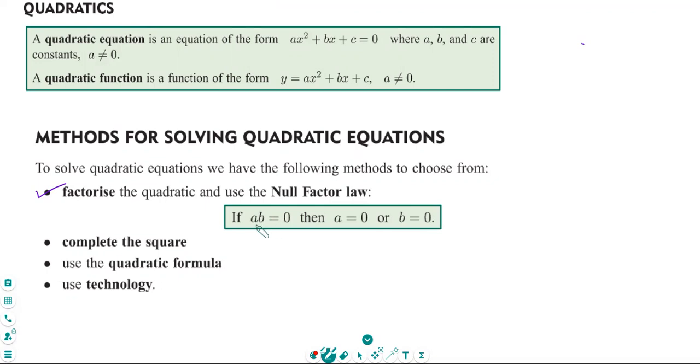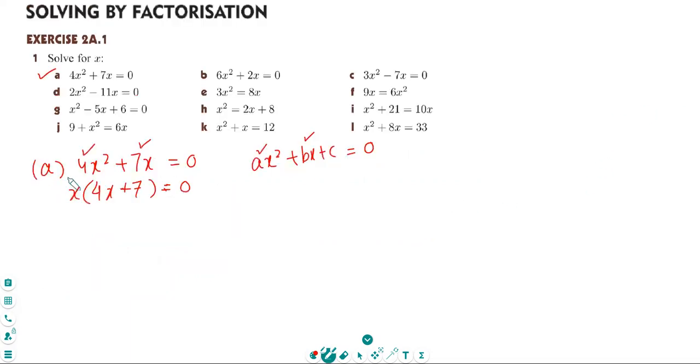It means if the product of two functions equals 0, then the first function or the second function must be 0. The first function here is x, and the second one is 4x plus 7.